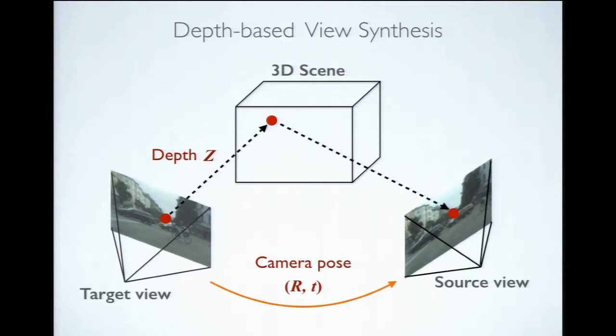So given the depth and the camera pose, one could then synthesize the target view by using pixels from the source view by projection. In other words, if we could use CNNs for estimating the depth and the pose, and formulate the entire pipeline in a differentiable manner, then we could use view synthesis as the meta task for training the depth and pose CNNs jointly without any supervision.